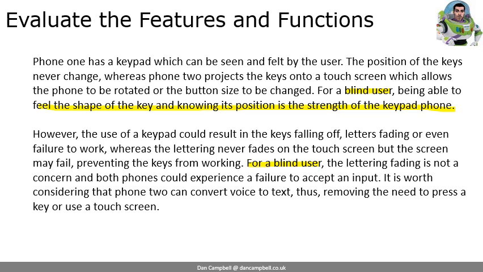And that's really important, because when we are evaluating, we have to evaluate against the user and how they will use the object. And that's where the marks, the upper marks, come from, recognizing that the analysis has to link to a user and the environment or the purpose of the item or object.